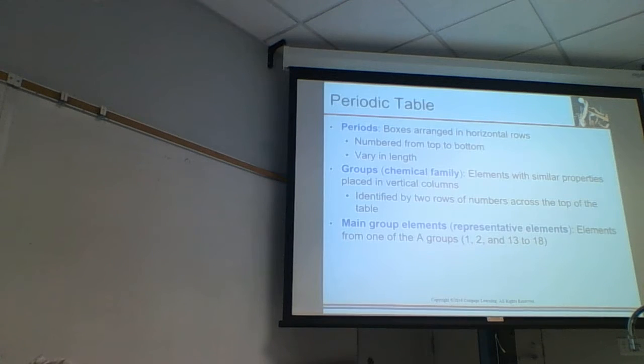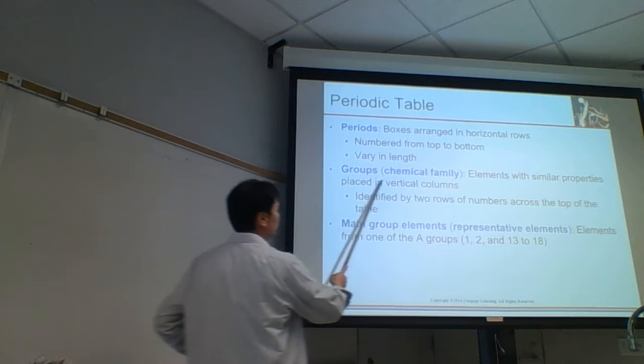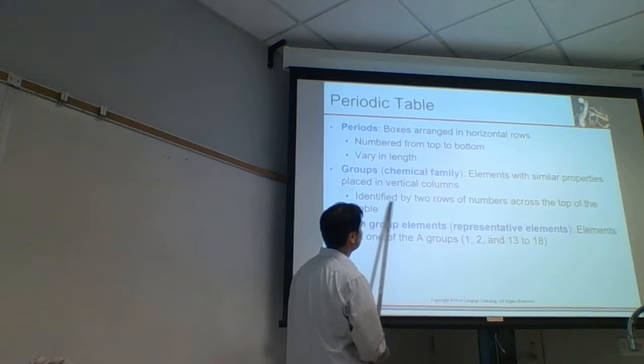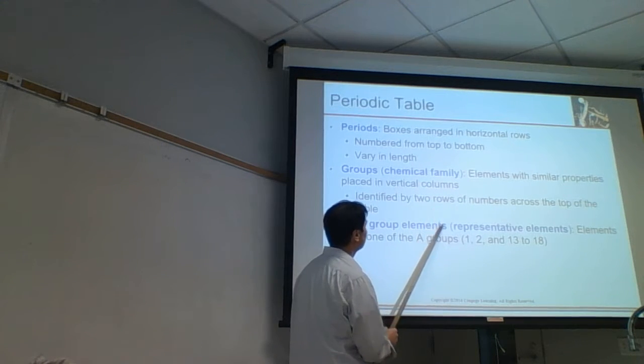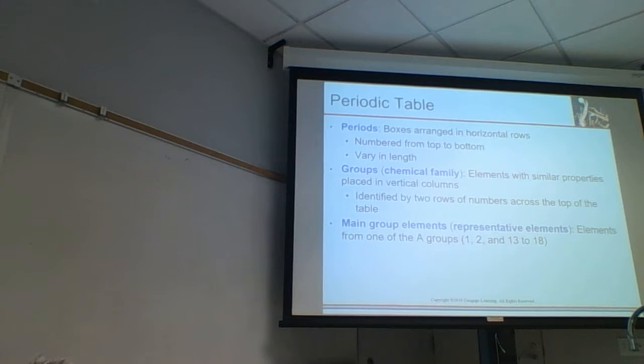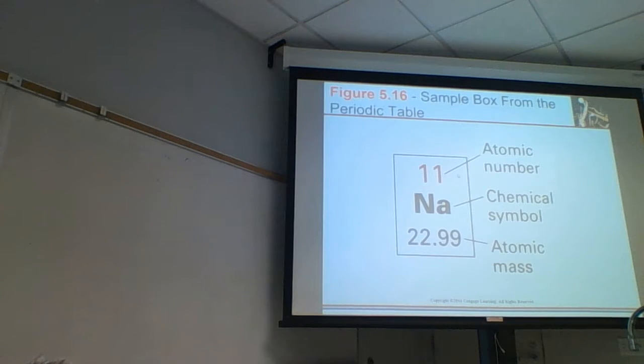Now, the chemical families are the columns, vertical columns. Elements with similar properties are placed in vertical columns, identified by 2 rows of numbers across the top of the table. And so there are different ways we can identify these, depending on the periodic table. And there's certain kind of codes for this.